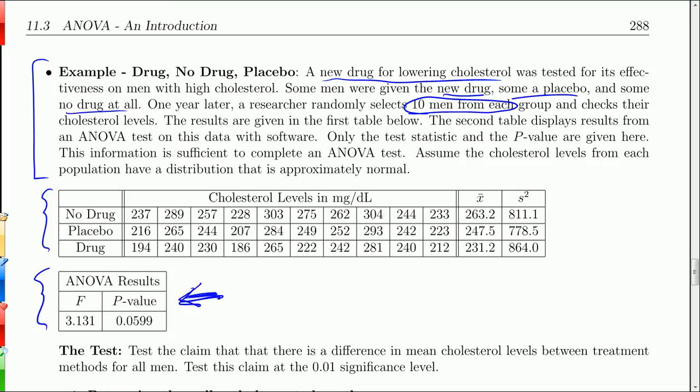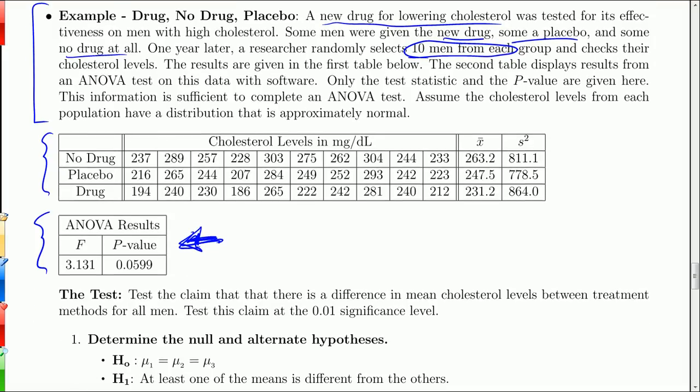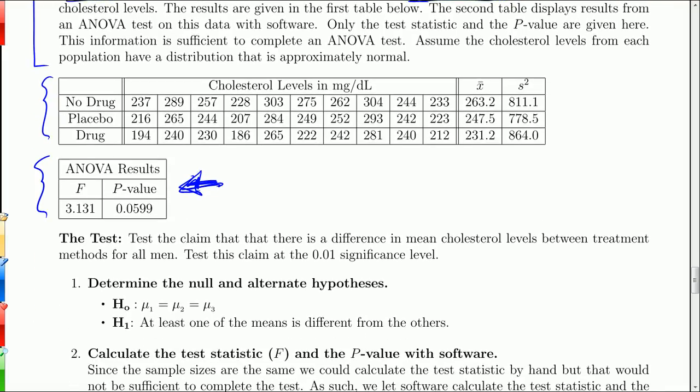This was nice, right? So if we conduct our test, we're going to test the claim that there is a difference in mean cholesterol levels between treatment methods. That's why those between groups is often called treatment. It's between the treatments. And we're going to test this claim at the 0.01 significance level.